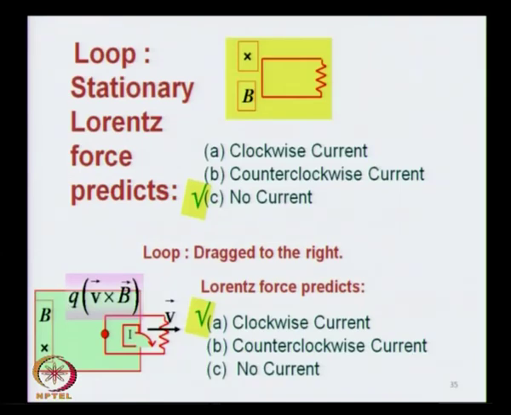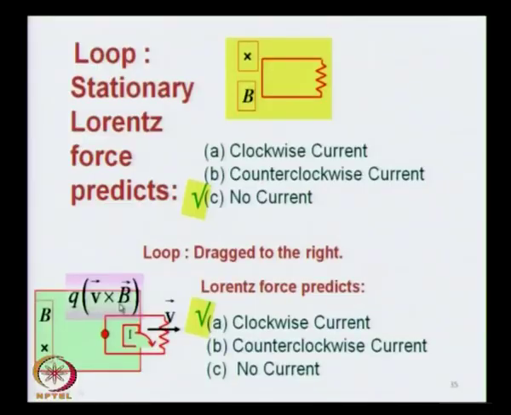Clockwise is correct. If you were to think of a positive charge over here, then this charge would gain a velocity from left to the right. The reason is this charge is bound to the wire and you are physically dragging the wire from left to the right. And other than Maxwell's equations, I had mentioned earlier that you must add the Lorentz force. So, the Lorentz force will generate this Q into V cross B force on this charge.